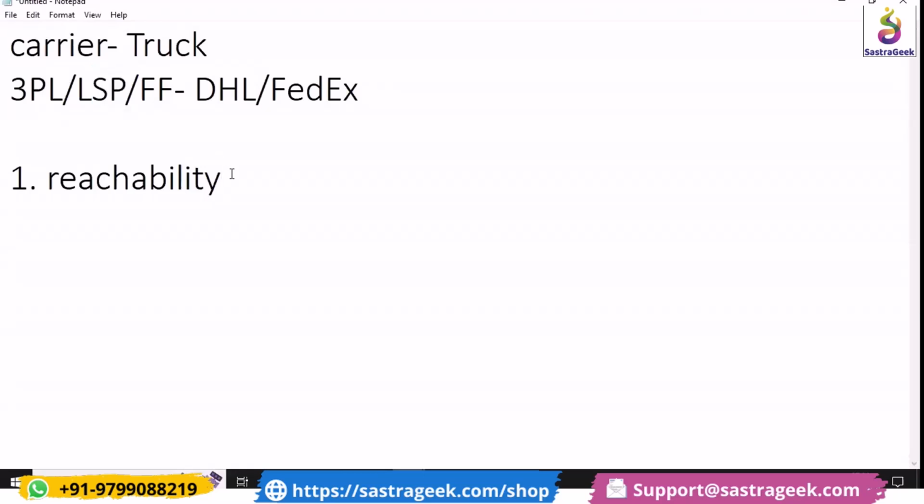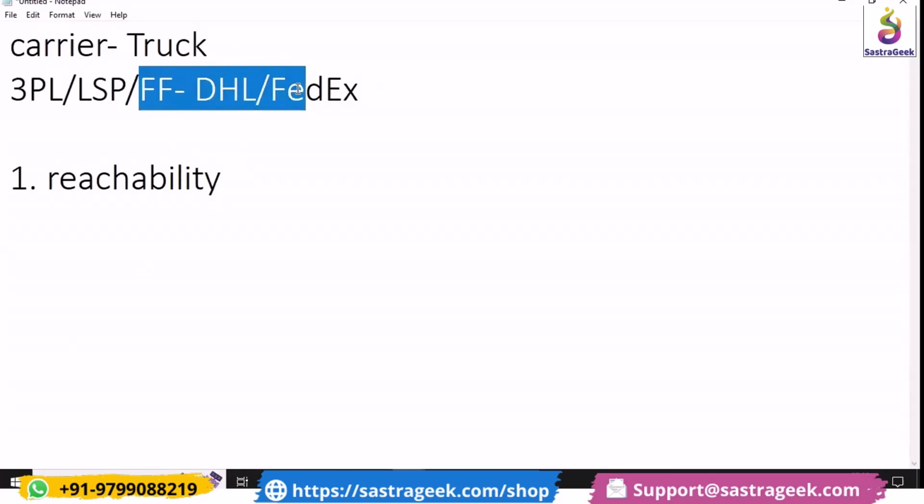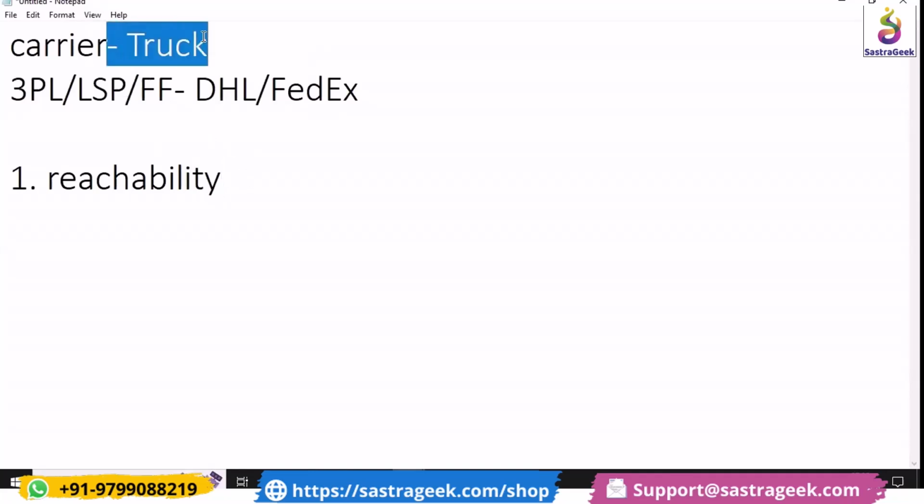You might not be able to find the truck, tempo, or a ship by reaching out to that person. You might not see a Maersk office everywhere in the country, but the largest shipping company is Maersk only. Definitely they must be getting orders somewhere from somebody. Who is giving them orders? Basically, these companies only. So the very first point is, for a layman, it is very difficult to reach out to these carriers directly.